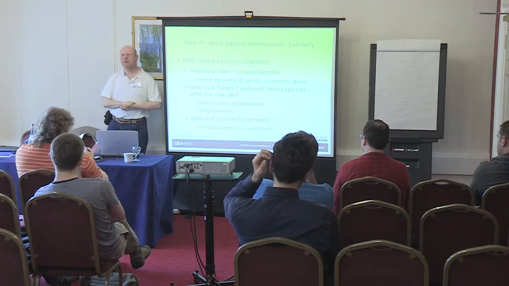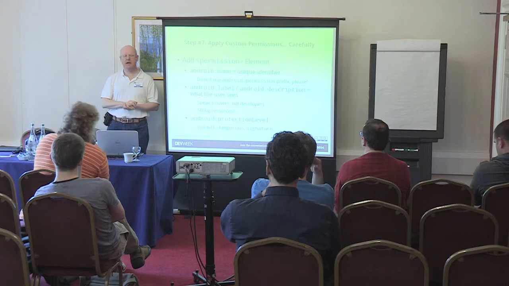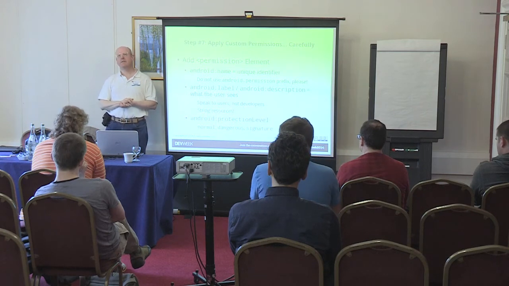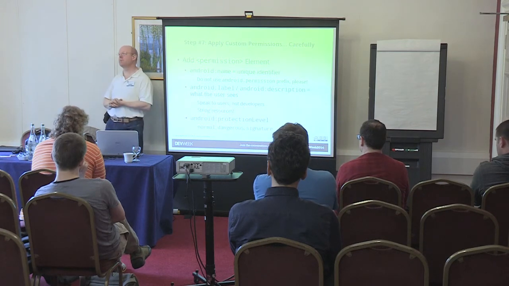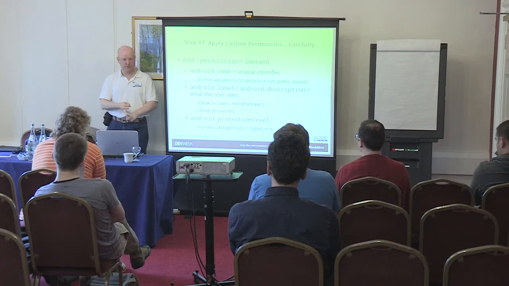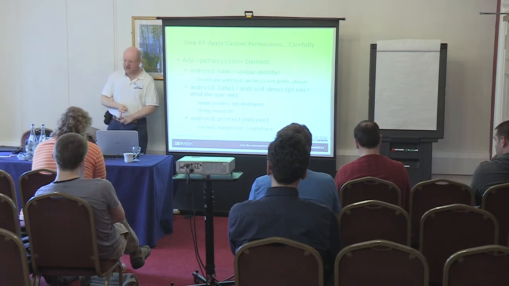You provide a label and a description, which is going to control what the user sees at install time, along with any other permissions that the third party is asking for. They're going to see your label and your description. So make these string resources, translate them for everything that your app is translated to, and remember that you're talking to users here. Speak human, don't speak geek, as they may not understand geek.